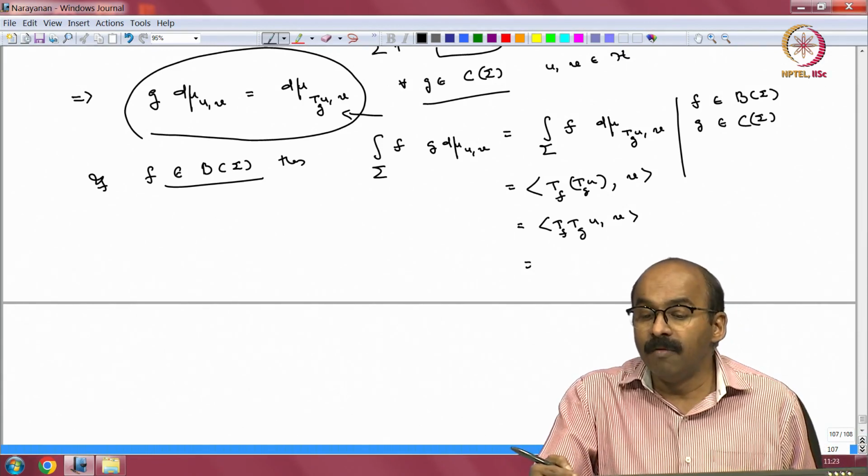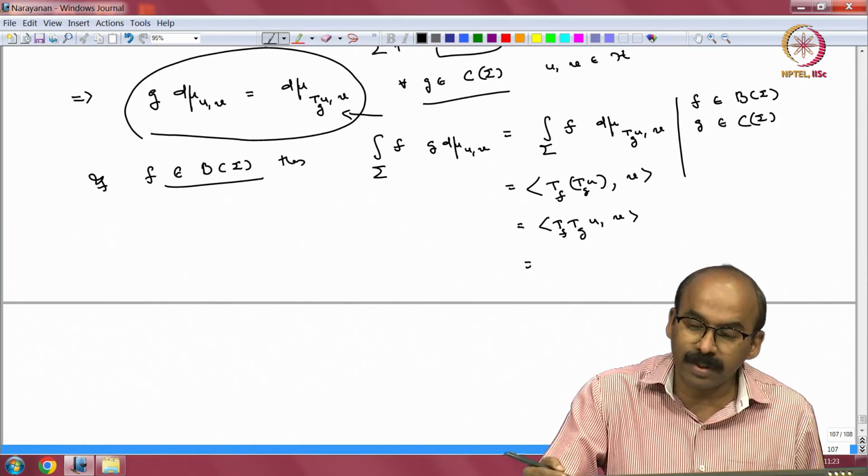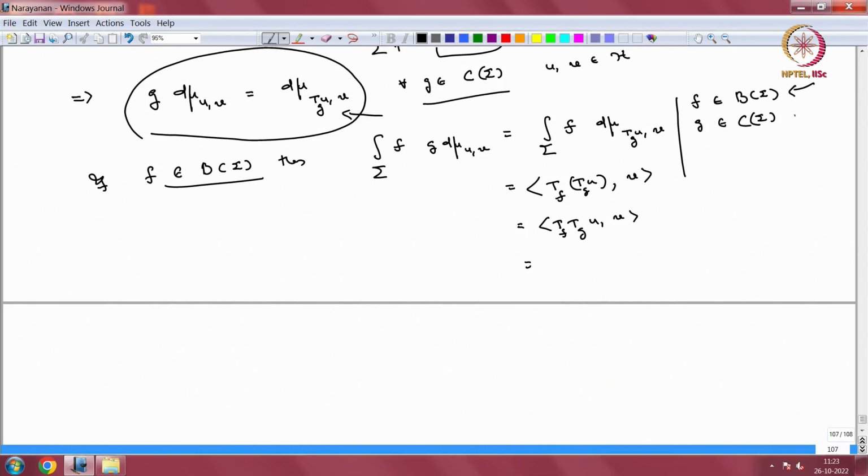Okay. So, we continue. As I said, this will be bootstrapping. Now we will be able to take G to be a bounded function instead of a continuous function. Right now f is bounded, G is a continuous function. I want to further go to bounded functions in the G direction as well. So, this is nothing but <T_g u, T_{f*} v>, right.